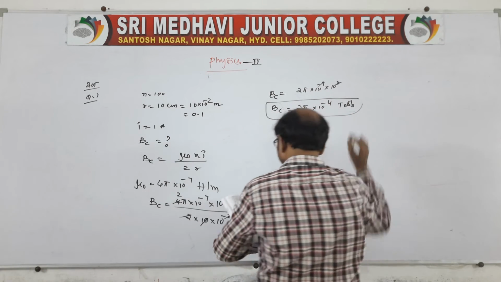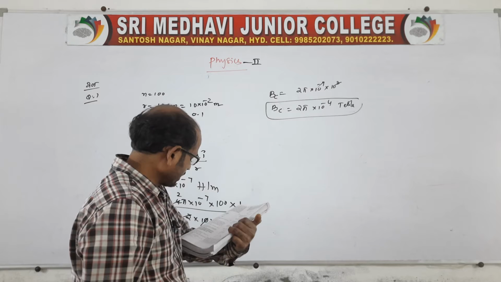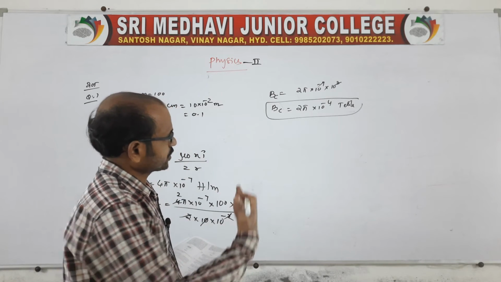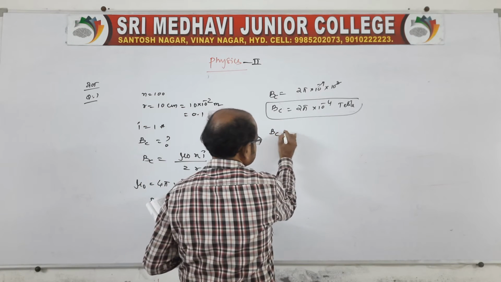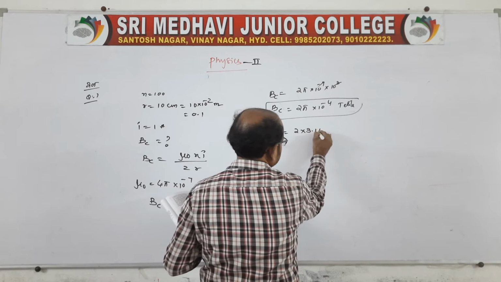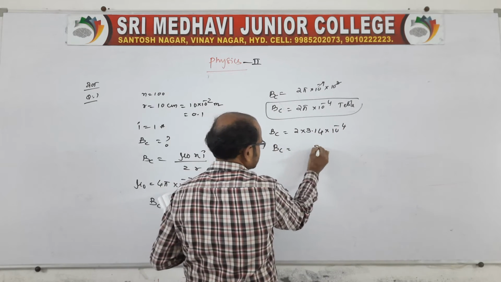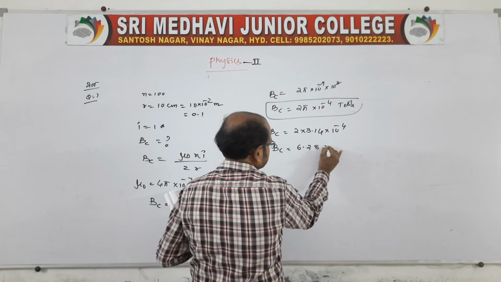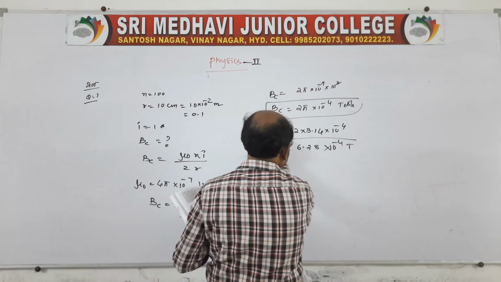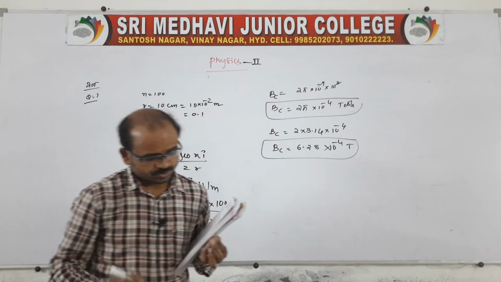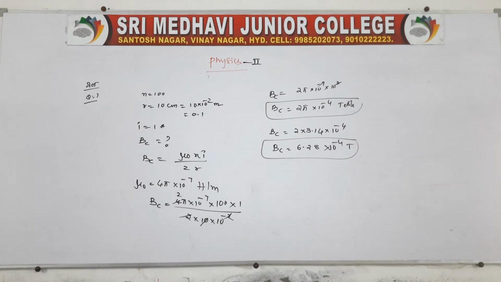Clear? Or suppose if it is given, 2 pi into 10 power minus 4 is the right answer. Sometimes here we can also multiply 3.14 into 10 power minus 4 Tesla. So this is the way to do the problem.